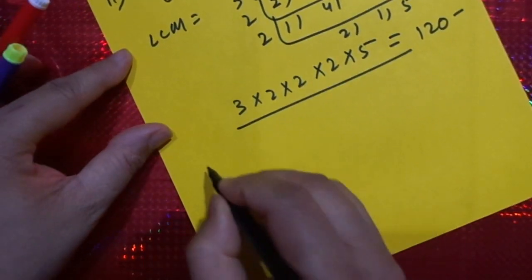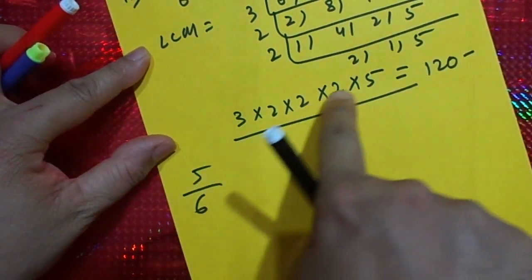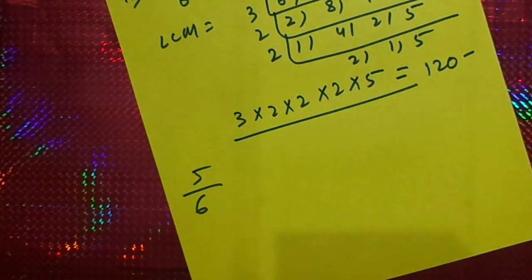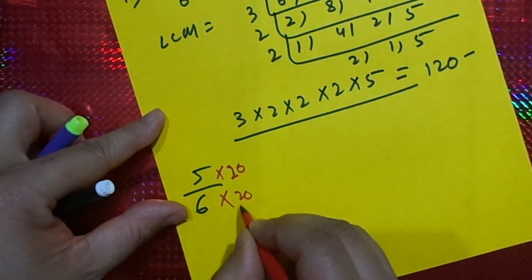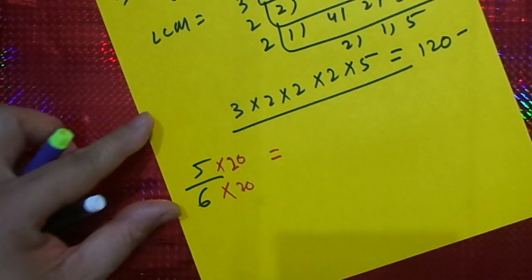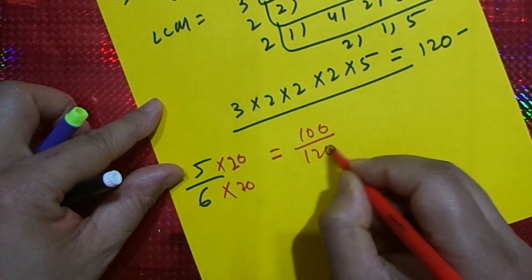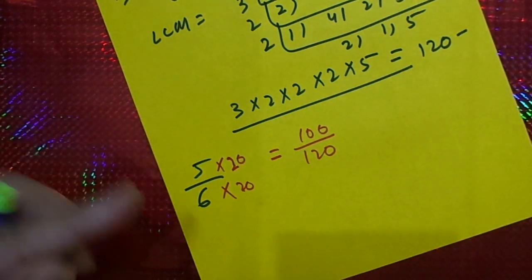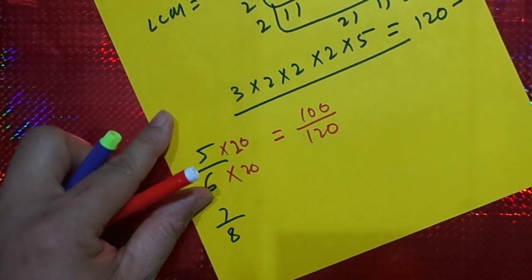So each of these should be equal to 120. So 5 by 6, remove 6 from here and you will get 2 2s are 4, 4 5s are 20. So I will multiply with 20 in the denominator and the numerator in order to get a value 100 by 120. Similarly, in 7 by 8, we will do the same thing.